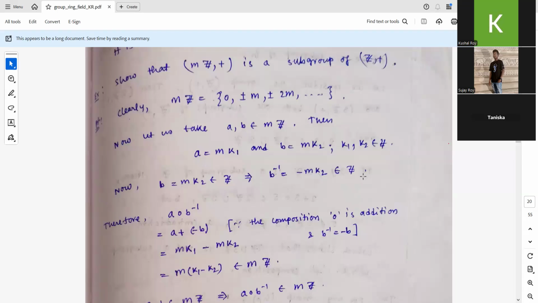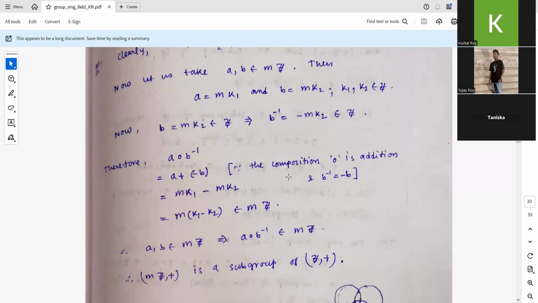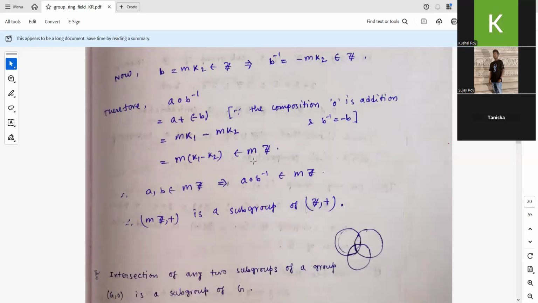Since B inverse is minus MK2, A composition B inverse is nothing but A plus minus B, which is MK1 minus MK2, which is M times K1 minus K2, and this belongs to MZ.